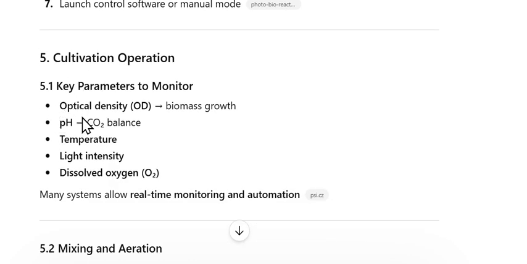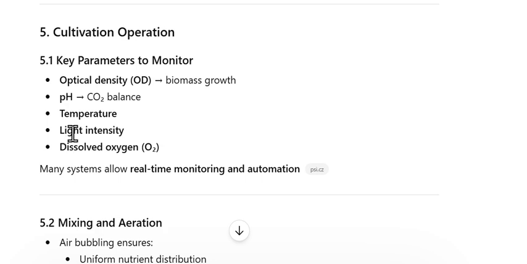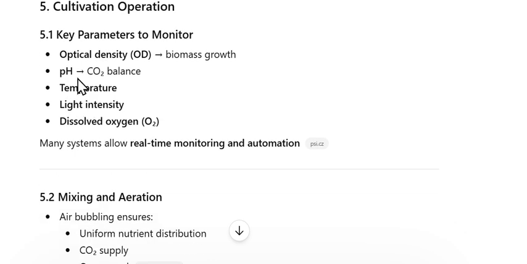For the cultivation and operations, we need to look at the key parameters so that we can identify whether the biomass has grown, or is in a washout situation or stationary phase.